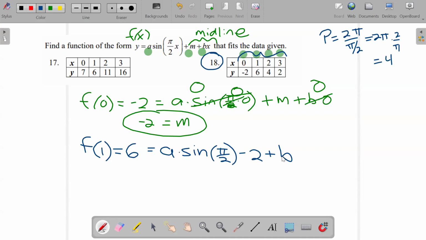Thinking about the unit circle, sine of pi over 2 is 1. That's lovely. So now we have 6 equals a minus 2 plus b. Adding the 2 to the left, we get that a plus b is 8.